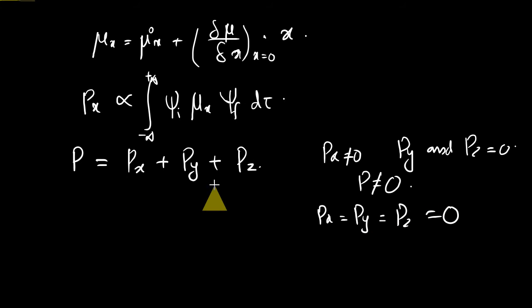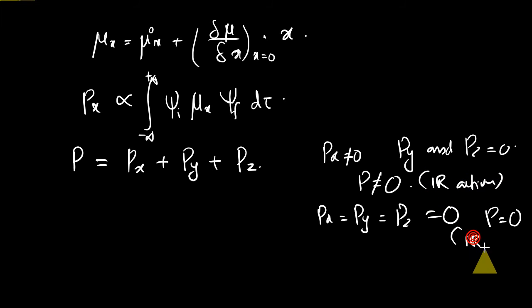If all the components are 0, then the total transition probability P will also be 0. In this case, there will be no spectral transition. So in this case, it is IR active, and in this case, it is IR inactive. Okay. So this is what we can understand from here.